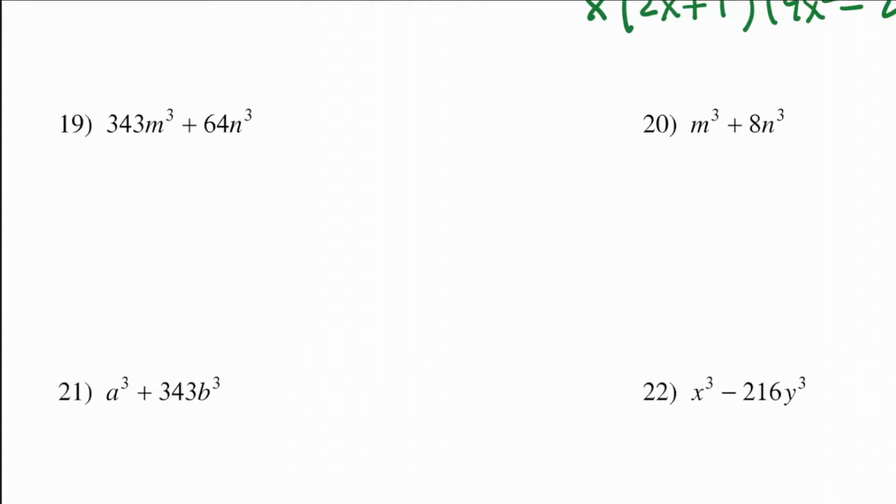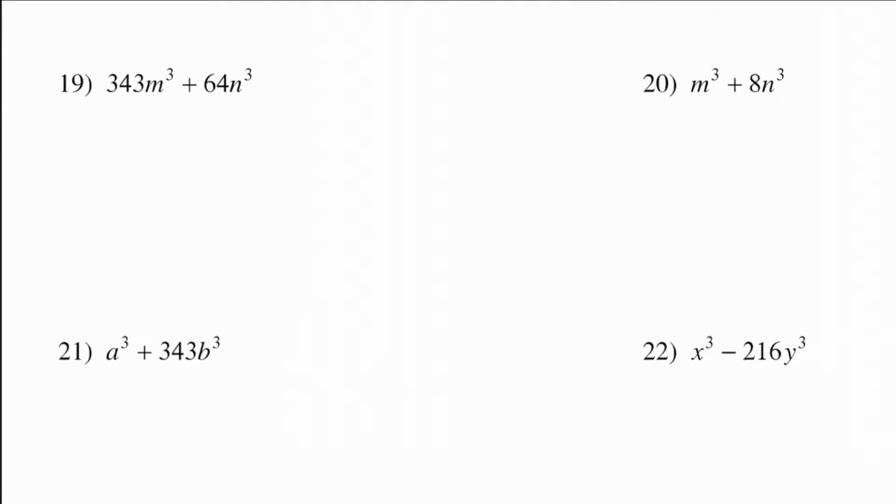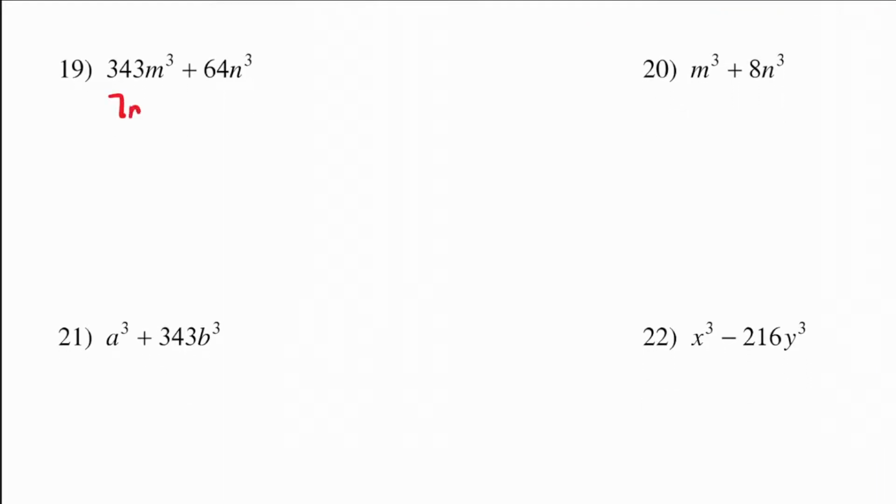So I think 343 is 7 to the third power, because 49 times 7 is just a little bit less than 50 times 7. Yeah, that's the situation here. So I'm going to say, all right, this is 7m taken to the third power, and this is 4n taken to the third power. So when I do sum of 2 cubes, it'll be 7m and 4n.